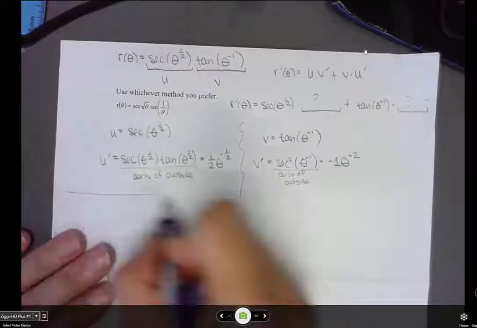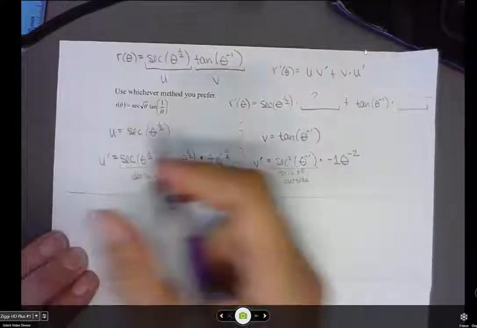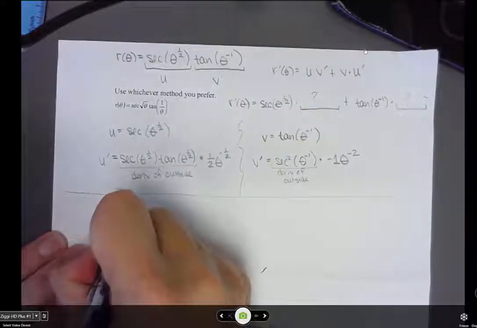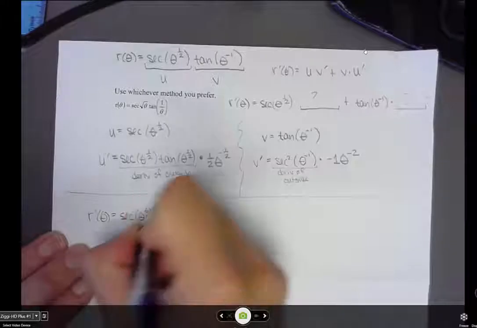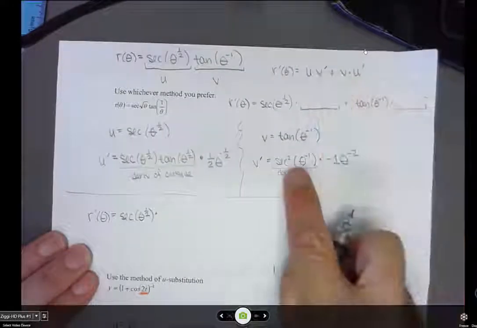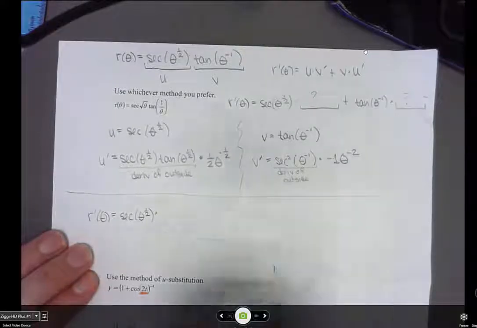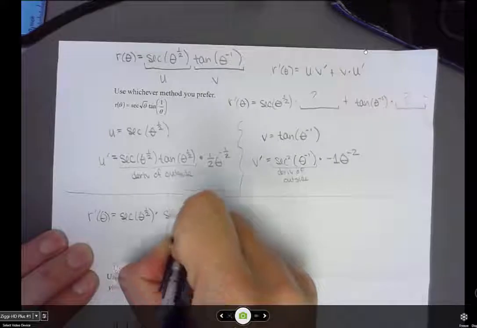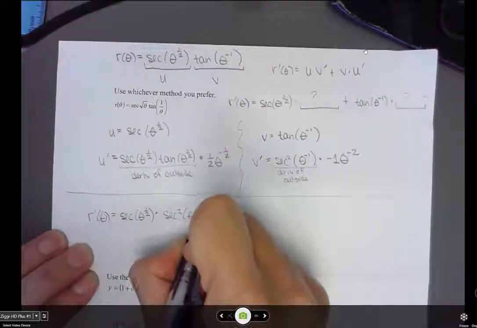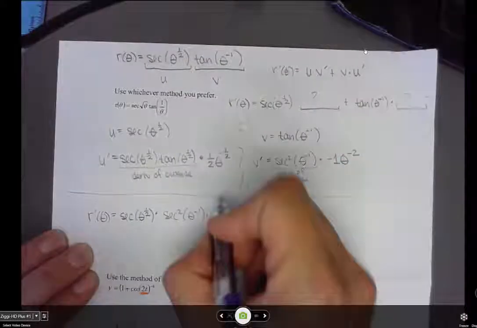So r prime of theta is secant theta to the 1/2 times, and then this is v prime, so right here: secant squared theta to the -1 times negative theta to the -2, or you could say -1 over theta squared. I don't care how you write it. I'll say -1 over theta squared.